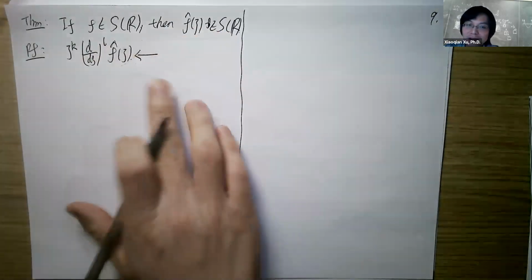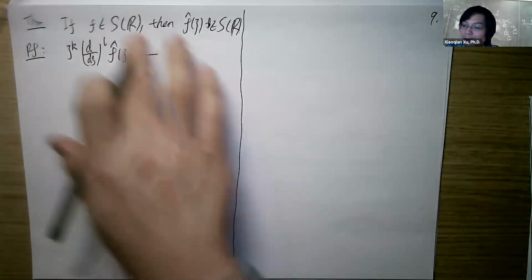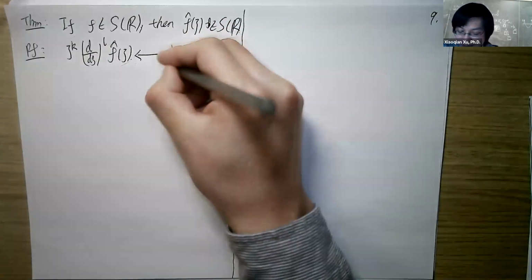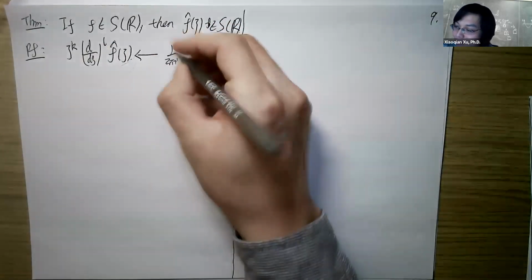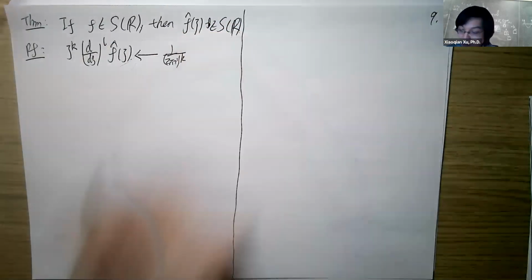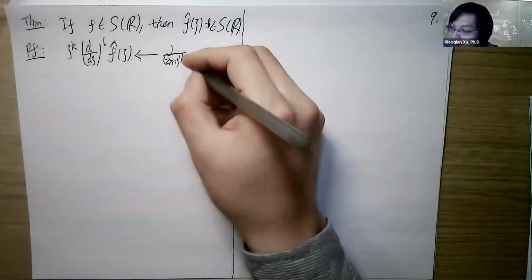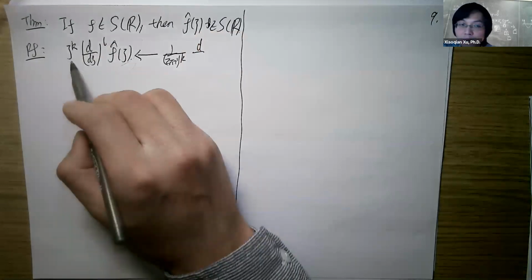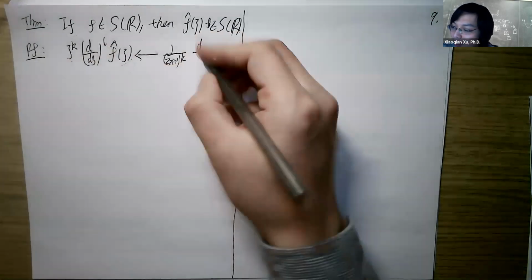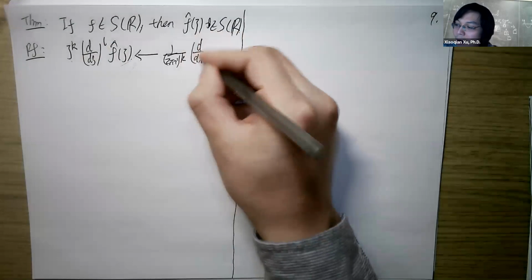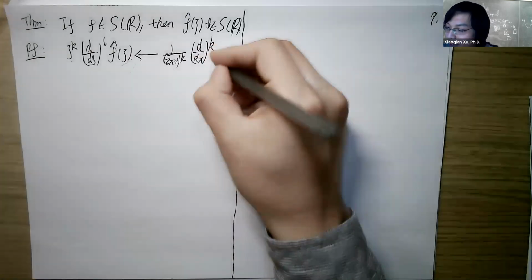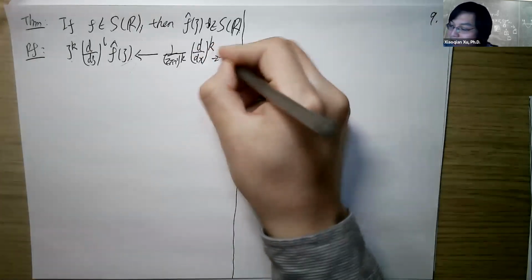So the Fourier transform of what function gives you this function? We already did that. It's 1 over 2πi to the power k, and you take this multiplication on the frequency space, you take the derivative on the function space. You take the derivative on frequency space, you take the multiplication on function space.